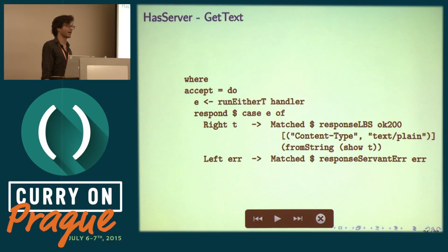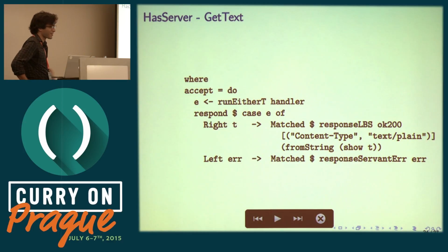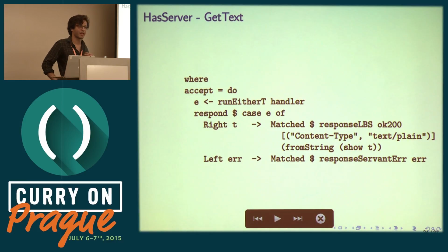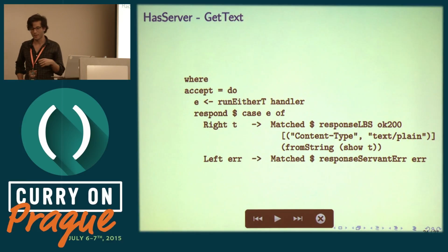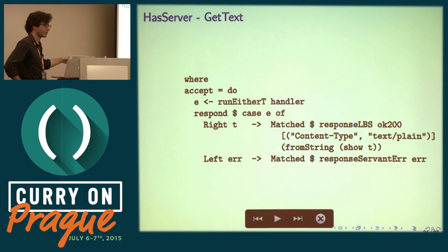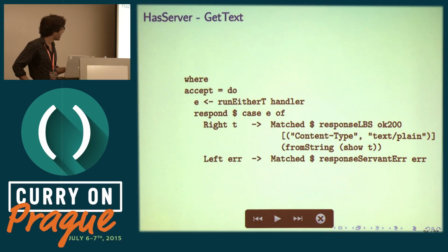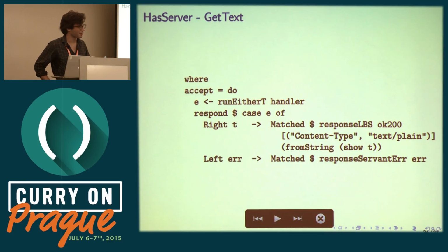Someone returned a left from the handler, so just give whatever error the handler responded with. So the handler is a simple, completely non-special Haskell data type. We didn't even write it. And of course, I should say, the actual server implementations have a lot of other details going into them. But this is a vague idea.